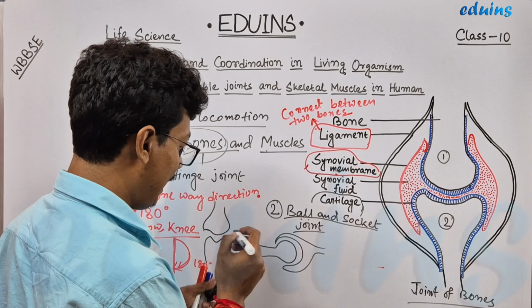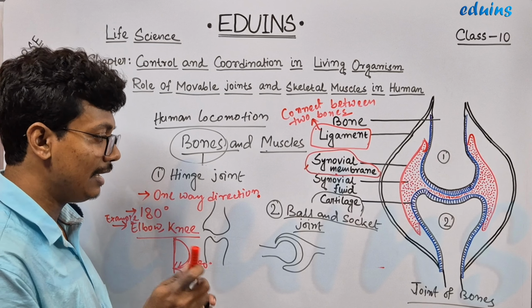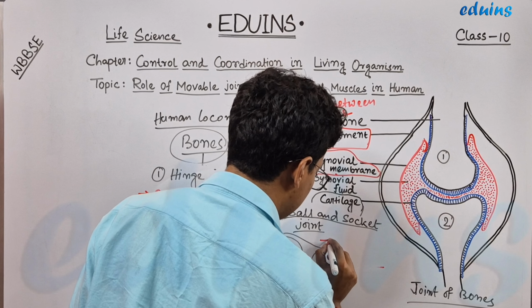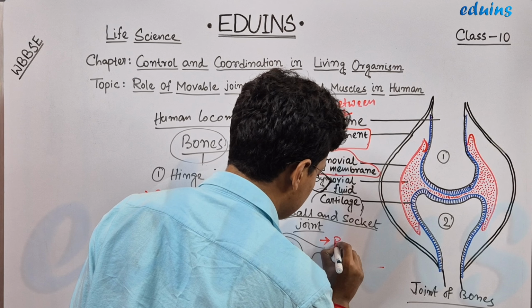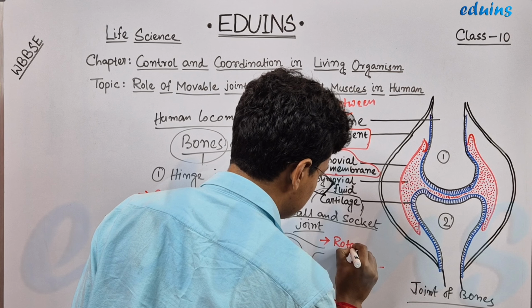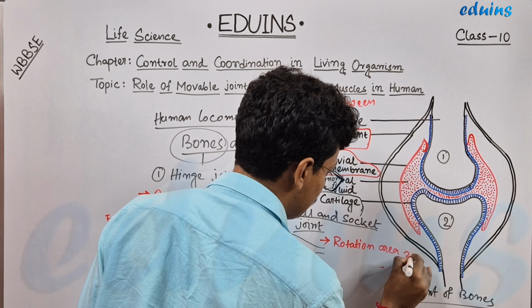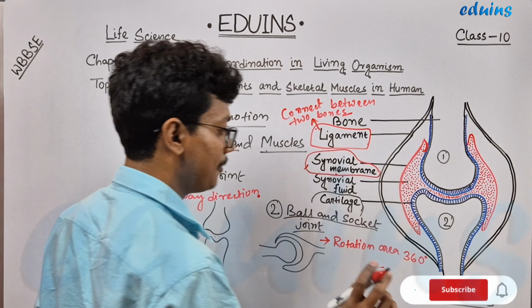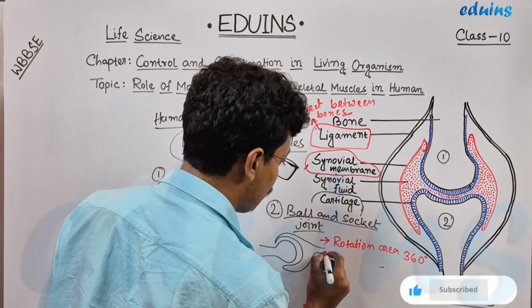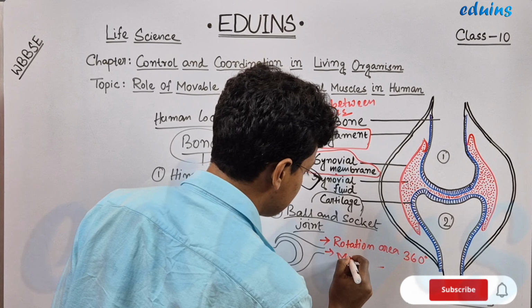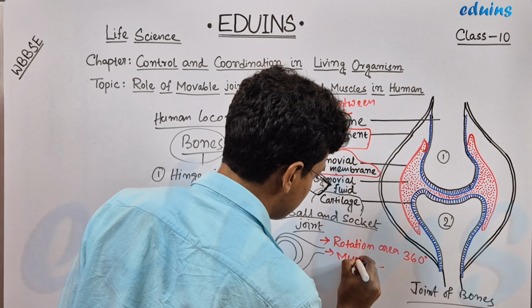Okay, the first criteria is that the rotation area is 360 degree. This is also known as multi-axial joint.